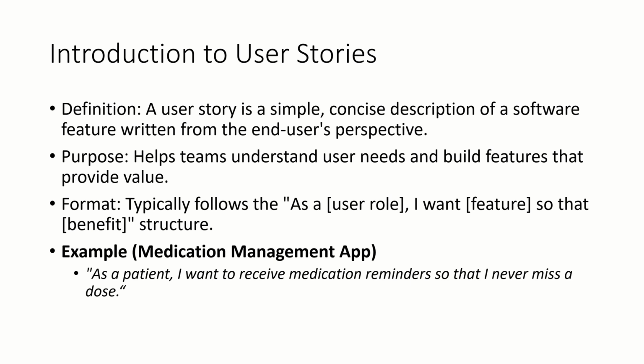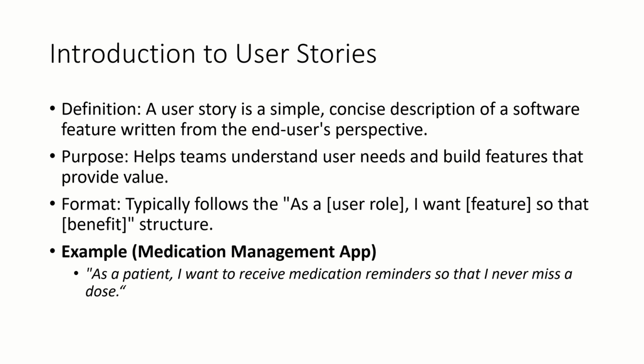Based on that, a user story can help our team understand user need and build a feature that provides value. So we need to make sure what the need for the users is and what kind of features we're trying to build, which can provide real value to this application.